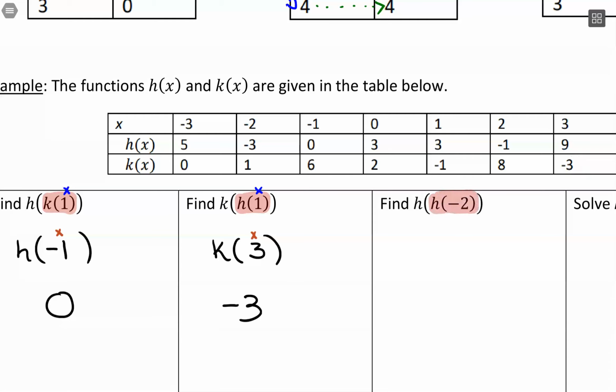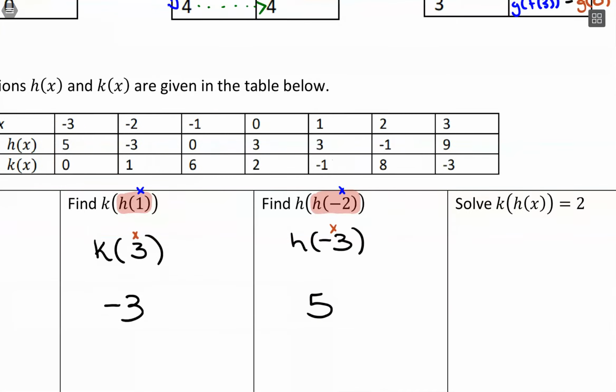For h of k of negative 2, so we're looking at x equals negative 2. What is h doing there? So at negative 2, h of x is negative 3. It's going to change to h of negative 3. So now we're looking at x equals negative 3, and h of x is at 5.